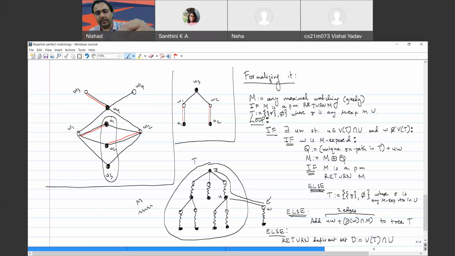So the only point I want to make here is that M equal to the empty matching is also valid, in which case you will just keep finding edges in the loop and adding them to your matching. Okay, good.